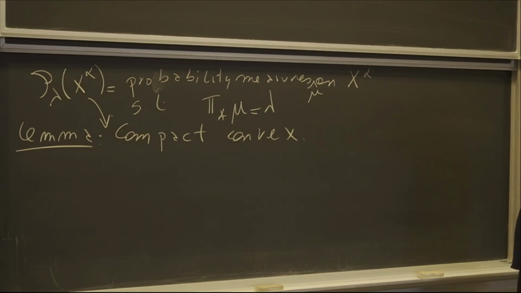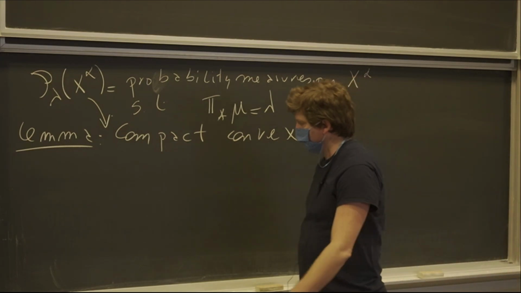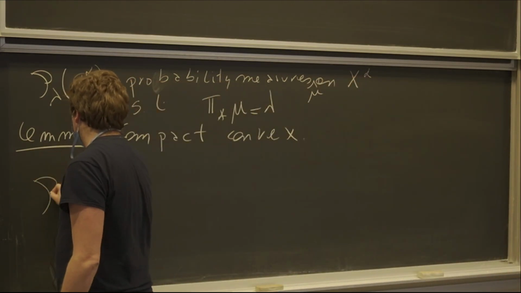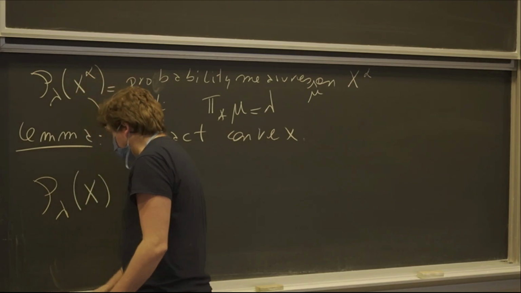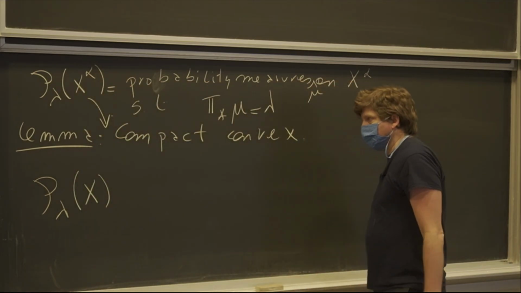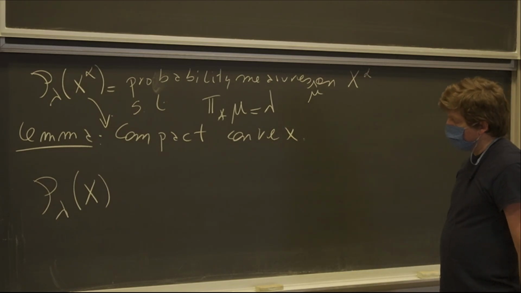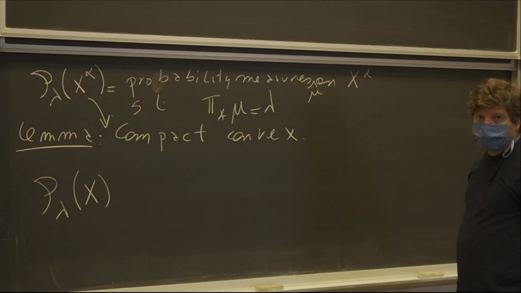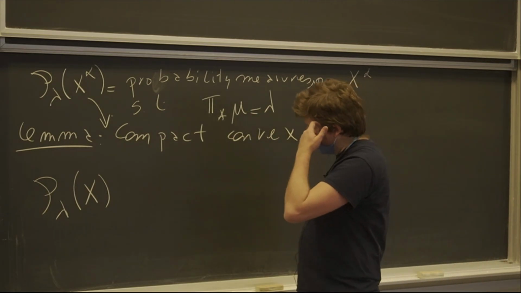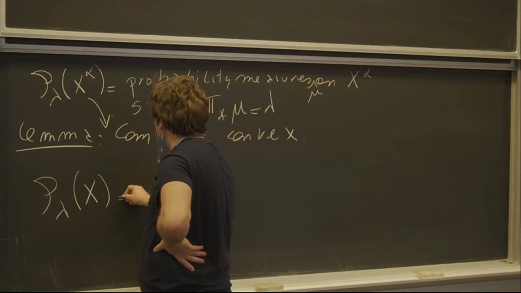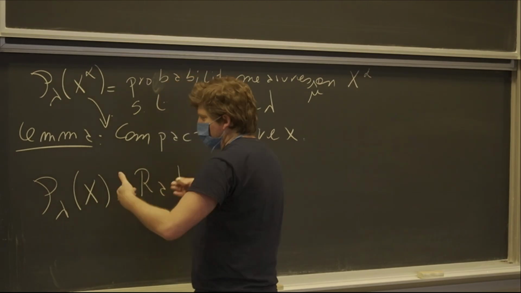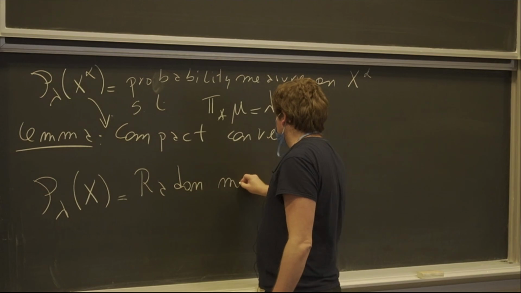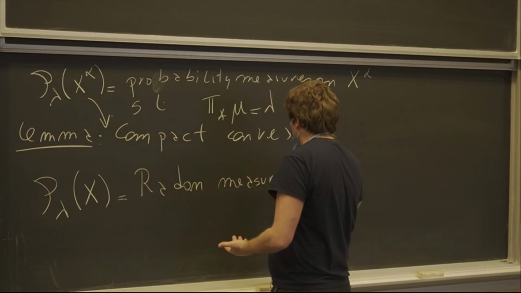Okay, now I could define a somewhat different space, P lambda x. Now it will not be probability measures, but it will be Radon measures, and it could be more explicit later, but in this setting, Radon measures will do.